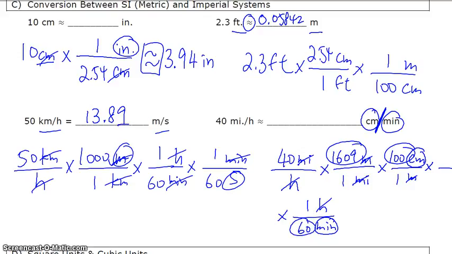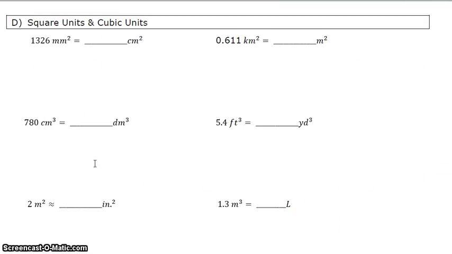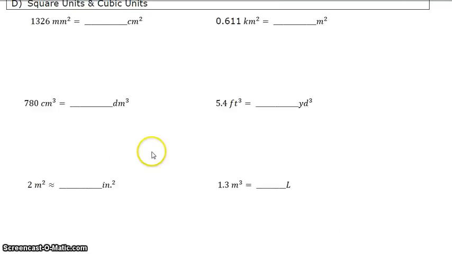All right, finally, we move on to square units and cubic units. The unit can be square if we're measuring area, or if you're measuring volume, then it can be cubic. So how can you do the conversion? We still use unit analysis, but how do we convert millimeters to centimeters?